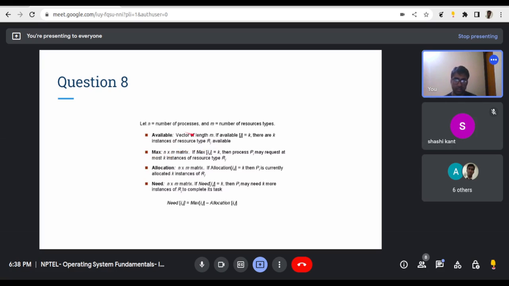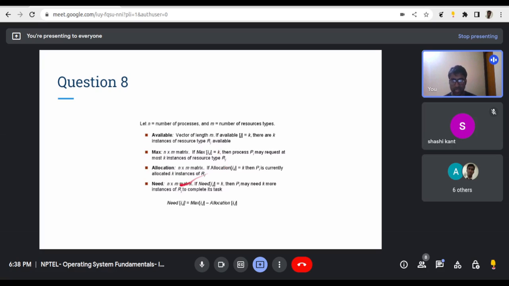If max i,j equals k, then process Pi may request at most k instances of resource Rj. So this is the maximum limit for process Pi for a resource type Rj.